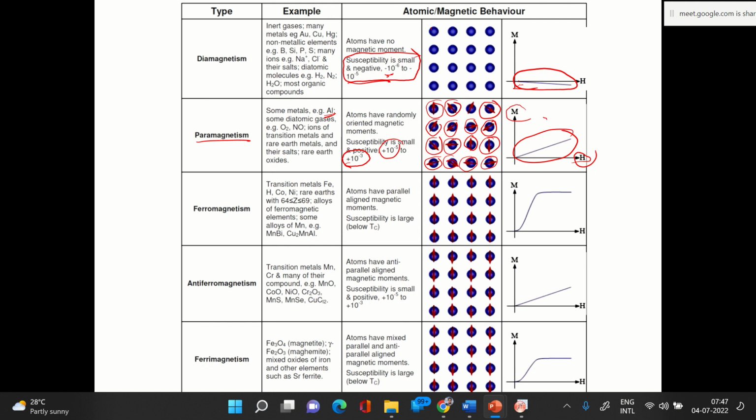As soon as you remove the external magnetic field, all the spins become random again and no net magnetic property is seen. But in a ferromagnetic material, even if the external magnetic field is removed, some of the spins on the atoms are still aligned, pointing in a certain direction. So even in the absence of a magnetic field that will happen, and that is why they are used in making a permanent magnet.